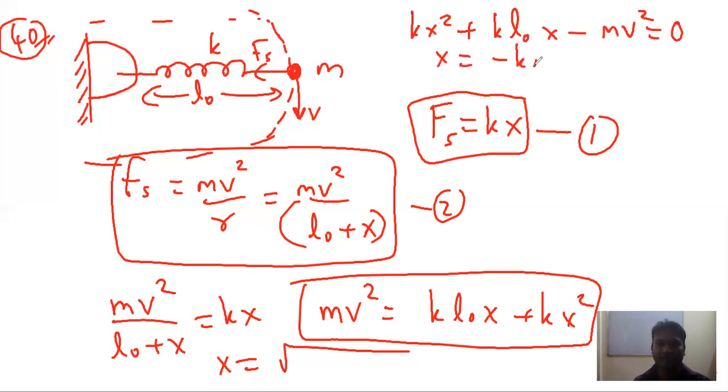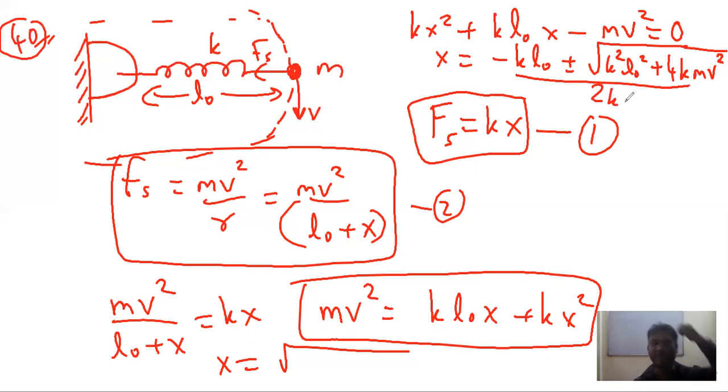So x is minus b plus or minus root of b square minus 4ac, upon 2a. So this will be the value of x. We'll take k common, and in that case, this will be the value. So our final answer to this question is this x value.